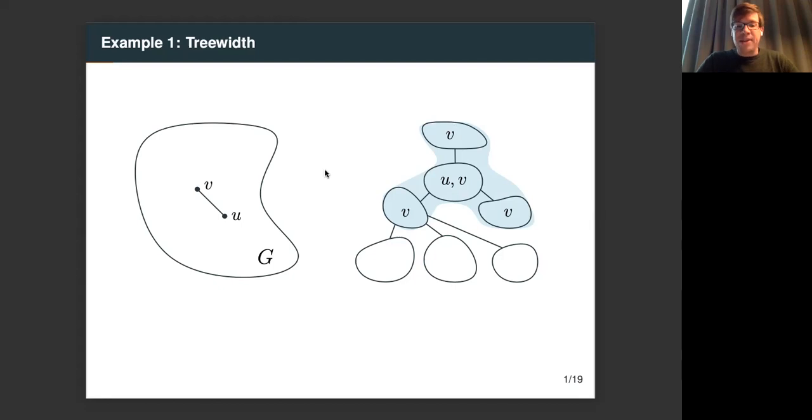All right. So these three properties guarantee that if you remove a bag that disconnects the tree decomposition, then it also disconnects the graph. And this is very useful when you want to design algorithmic applications using these decompositions.